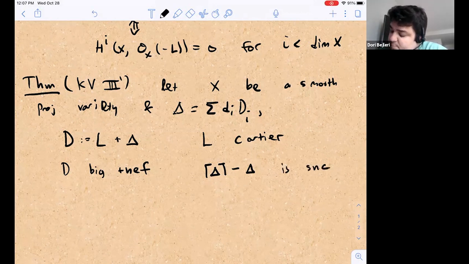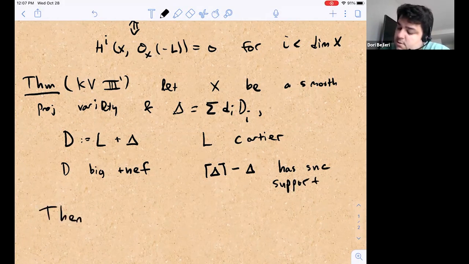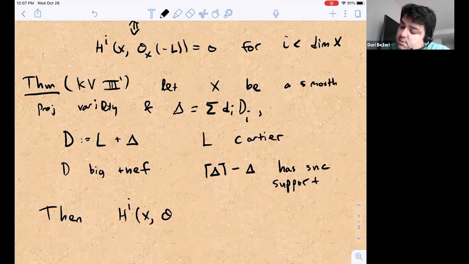Or maybe I should say more precisely, the support is simple normal crossings. Then H^i of X with coefficients in K_X plus the roundup of D is 0.